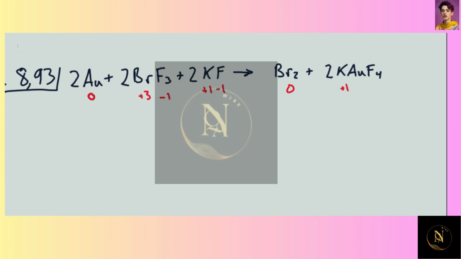Potassium is +1 here, fluorine is -1, and gold must be +3. So gold is being oxidized, which means it's the reducing agent, and bromine is being reduced, which means it's the oxidizing agent.